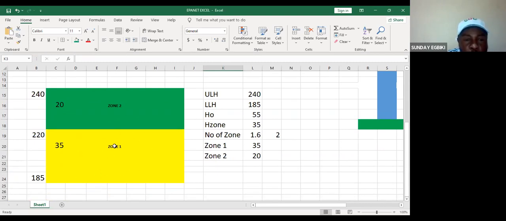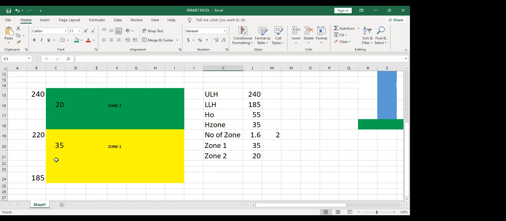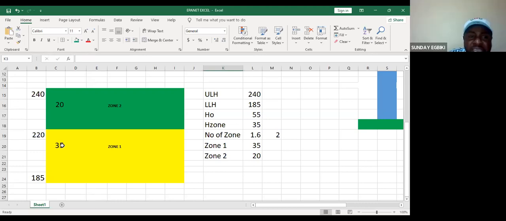Where is the good soil where I can easily locate my stanchion? If you bring your stanchion to this point, let's say 200, it means that your lowest limit of housing is no longer 185. The higher you move up in elevation to put your tank, the shorter will be the height of your stanchion.